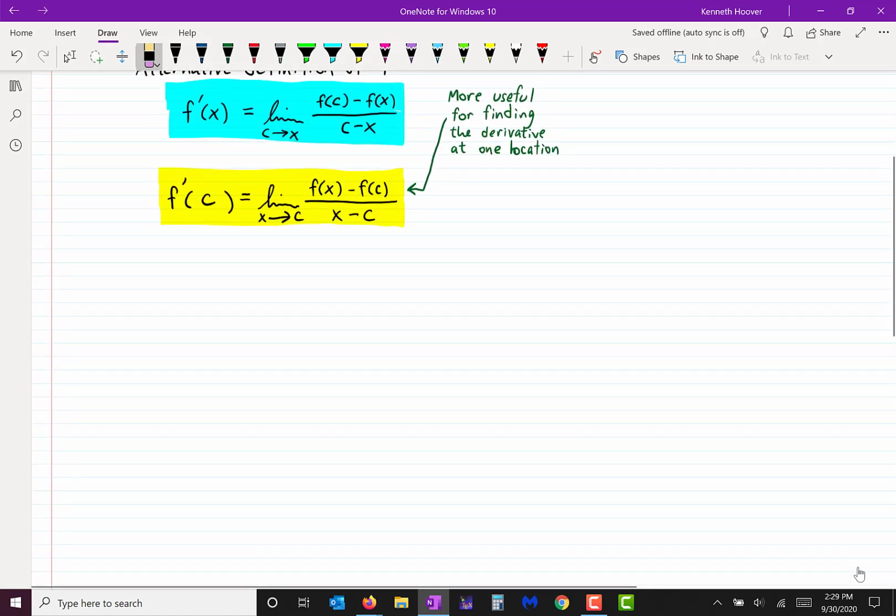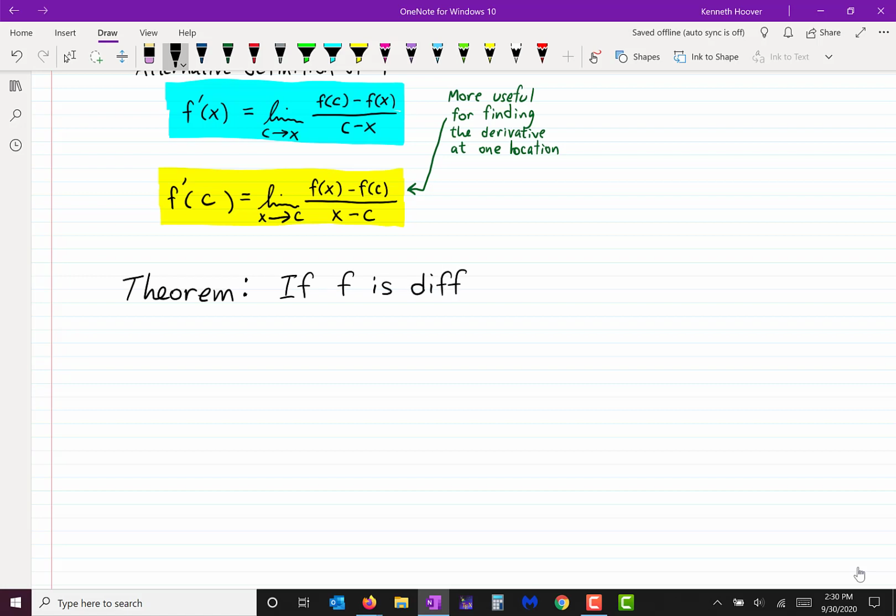Okay. So this is a very important theorem. If f is differentiable at x equals c, then f is continuous at x equals c.